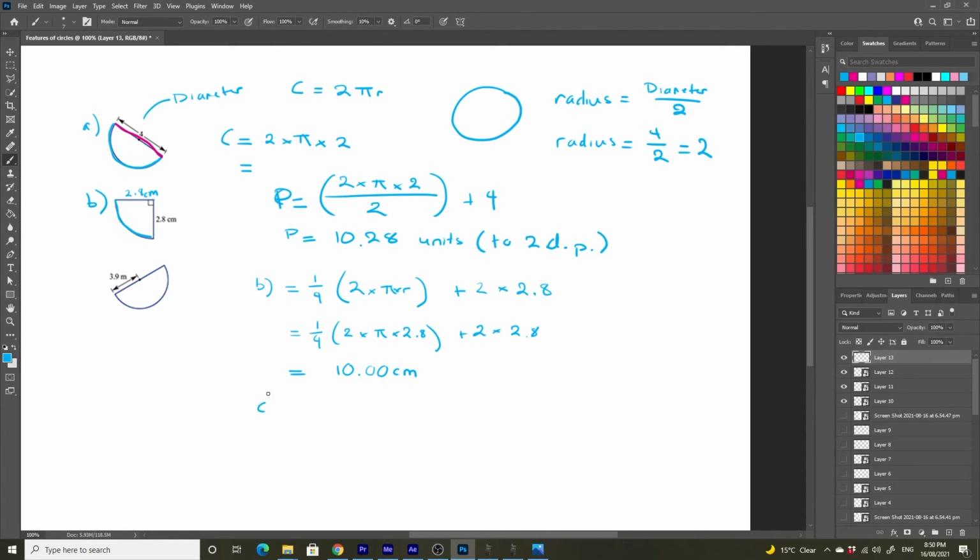Alright, let's look at C. C has given us this distance here, and this distance we recognize as the radius.